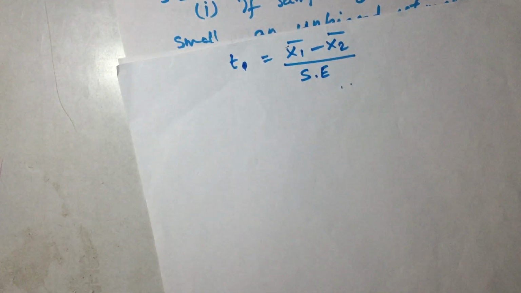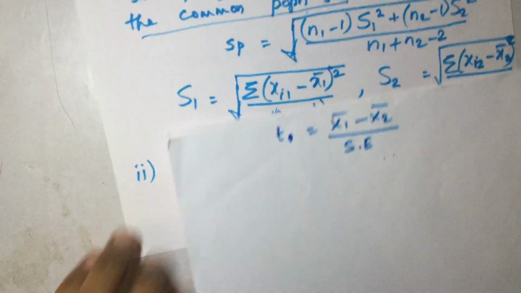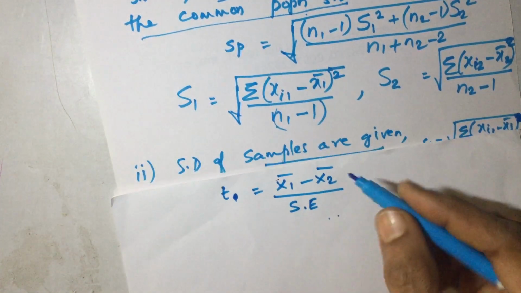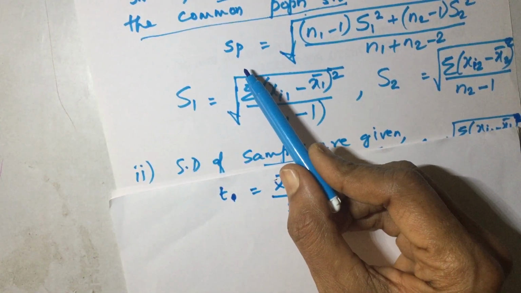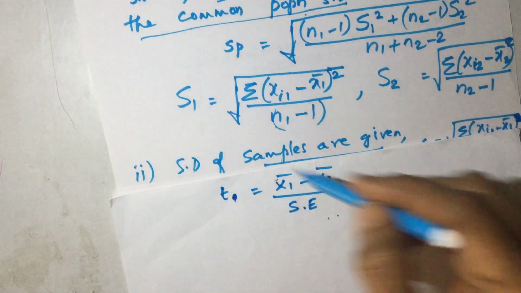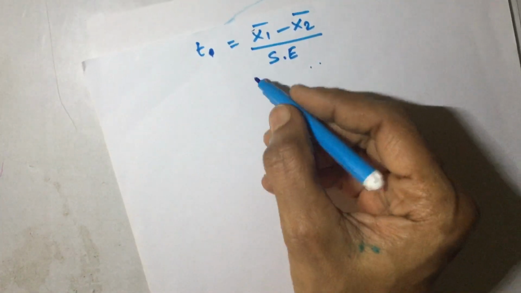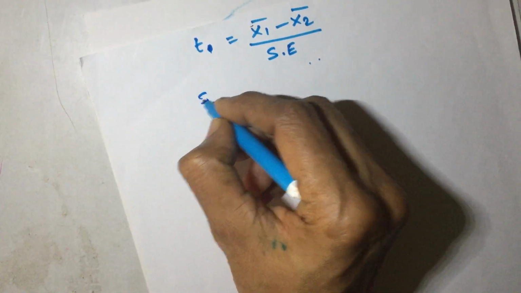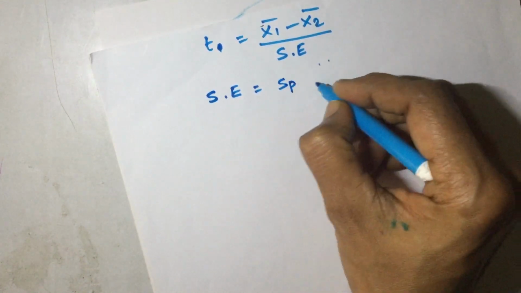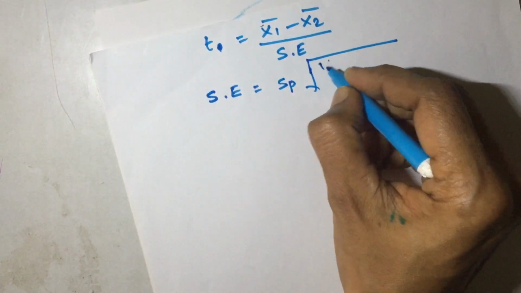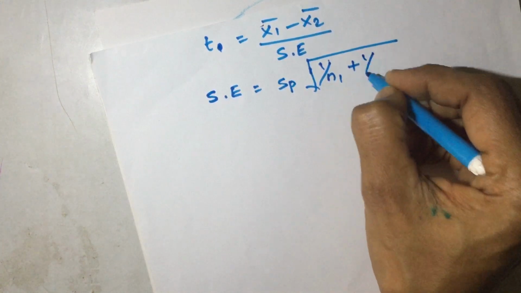So in the case 1, the standard error is this SP multiplied by numbers. Therefore standard error is equal to SP into under root of 1 by n1 plus 1 by n2.